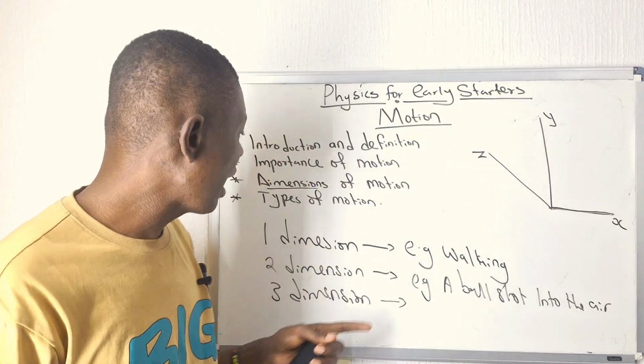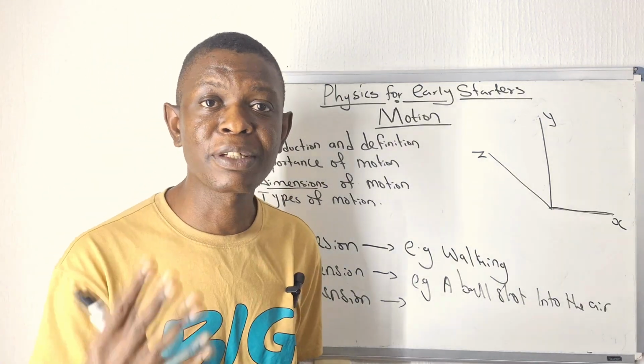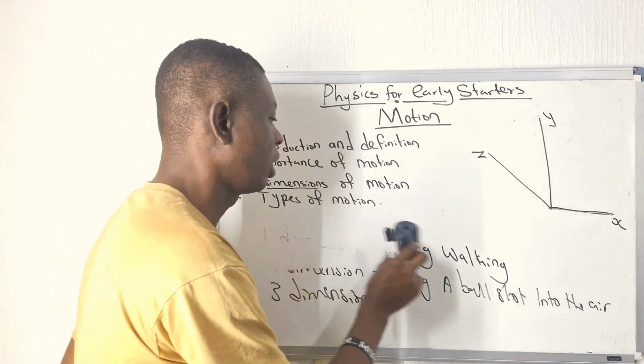Okay, so next, the types of motion. We have majorly four types of motion.